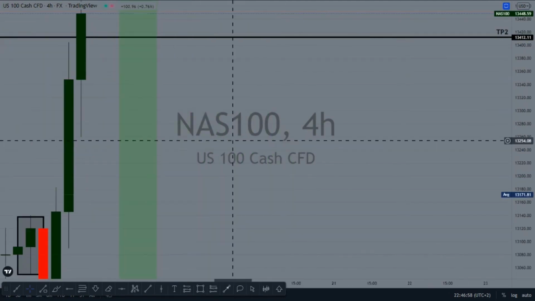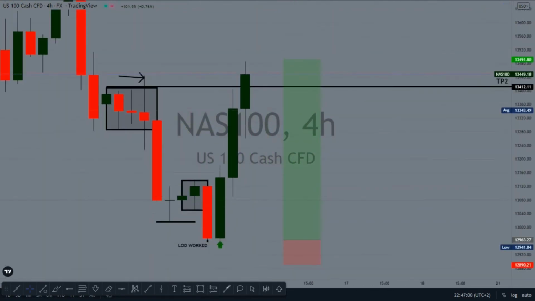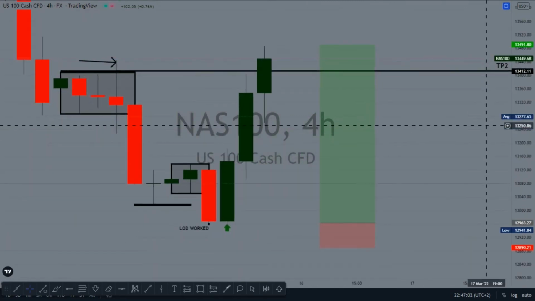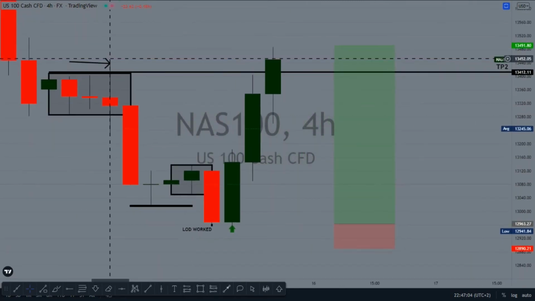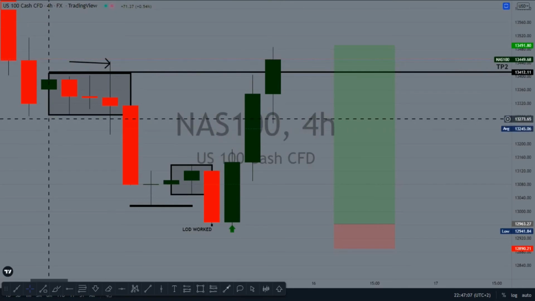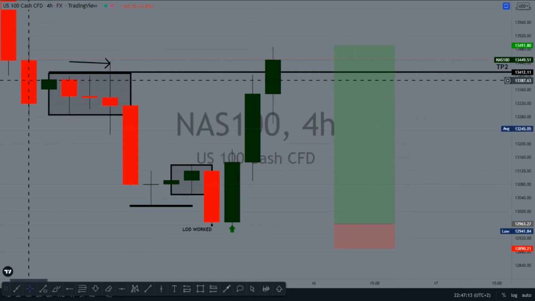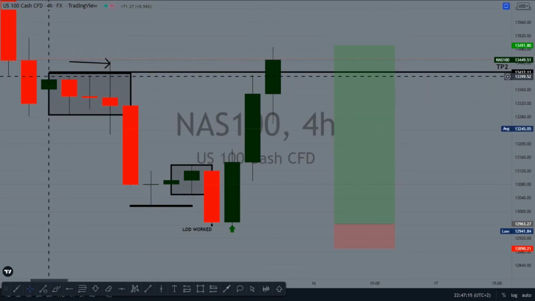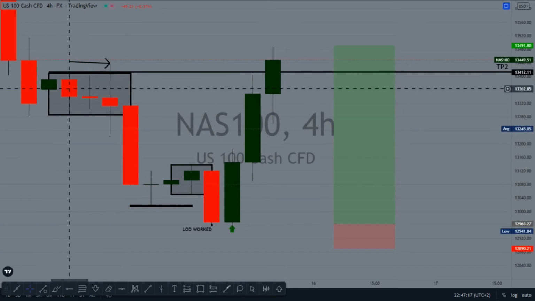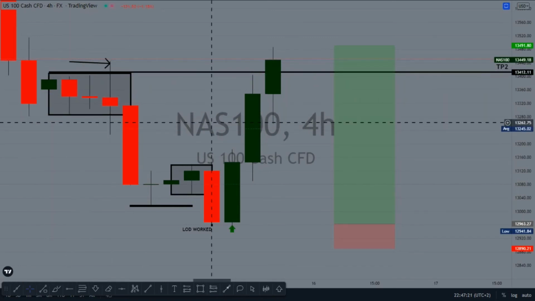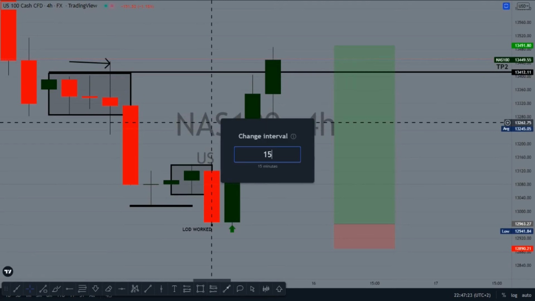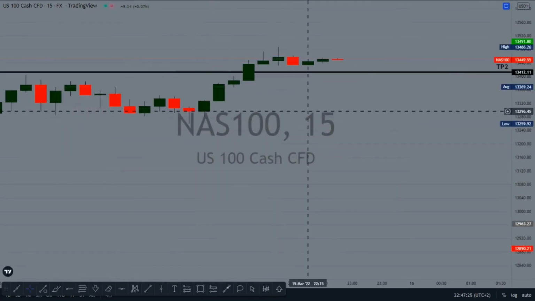In the beginning of the week, this is now Sunday going into Monday, you draw a line right here. It goes from the high and the low of the first two candles of the week on the 4-hour time frame. So let's switch to a smaller time frame and see what happens.